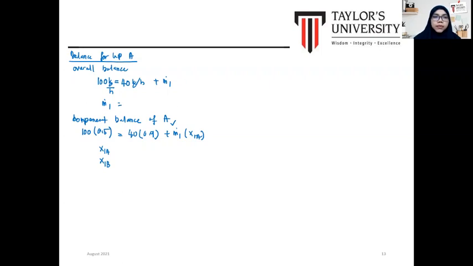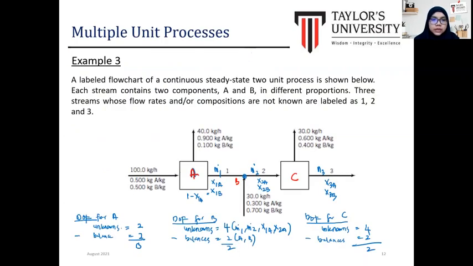So we may move to the balance for B. So to perform the balance at B, this one is already determined. Same goes here. So you may calculate the M2 first, right? Because you have input equal to M2. And then you can get your S2A, S2B.